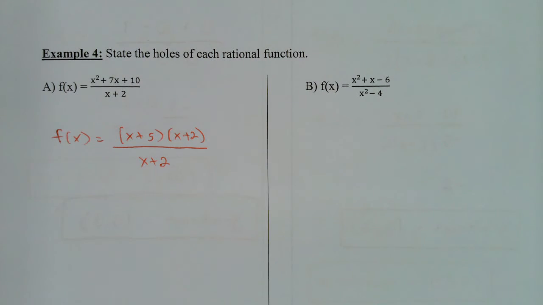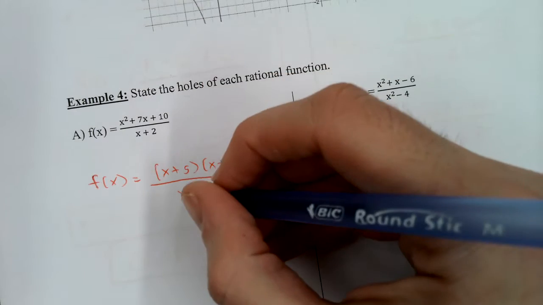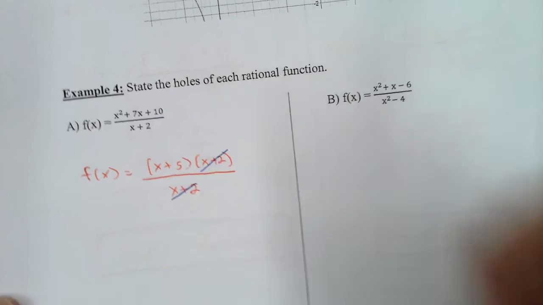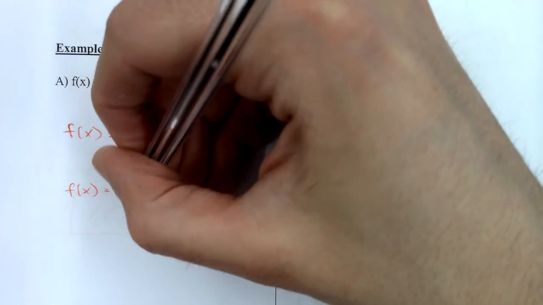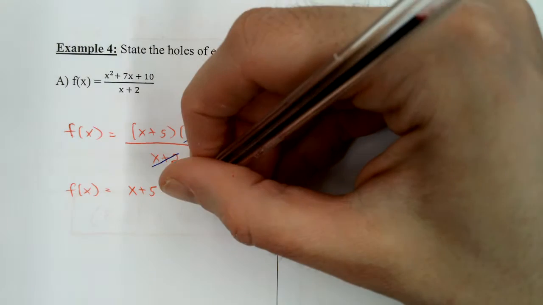Now you divide out the common factor. You get f of x equals x plus 5. I'm just going to jot down what I'm doing. I factored and I simplified.